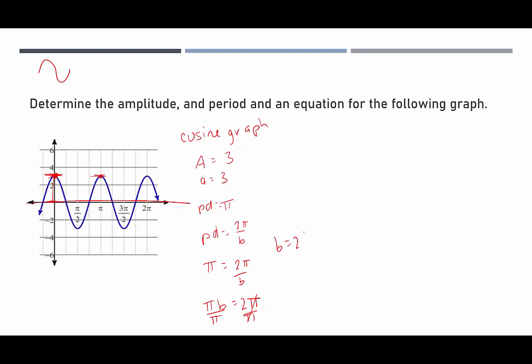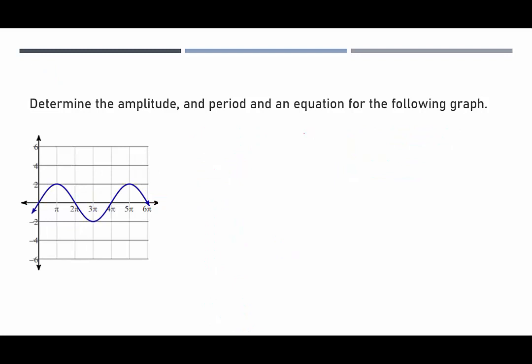So now we can plug in. There's no transformations in terms of shifting left, up, down, or right, so we could go ahead and write our equation. I'll call it g of x. So g of x equals 3, because of the amplitude being 3, times cosine of b times x. B is 2, so it would be 2x. So this is one possible equation for the graph shown on the left.